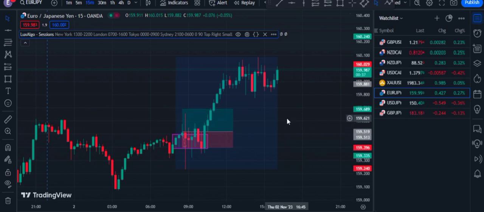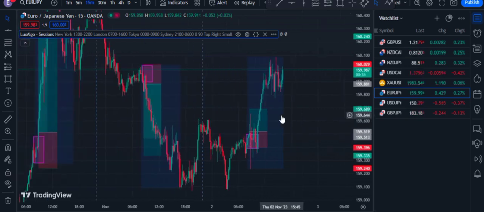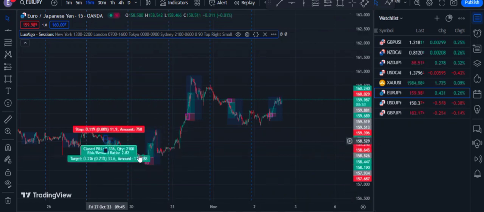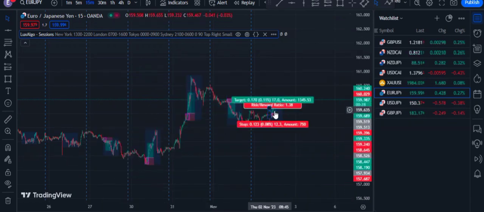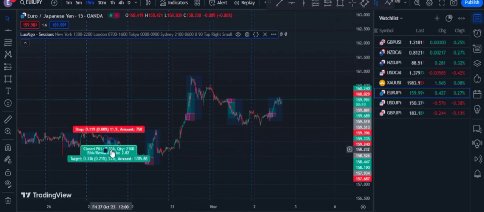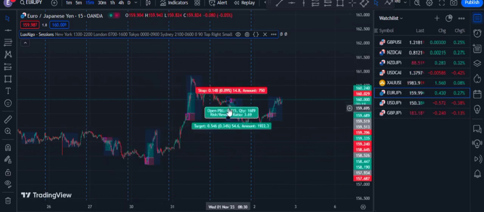But from this analysis that we've done so far, how many days? Let's see. 1, 2, 3, 4, 5. That is 5 different days. As you can see, this separator separates my charts within the days. This is 1 day, 2nd day, 3rd day, 4th day, 5th day.